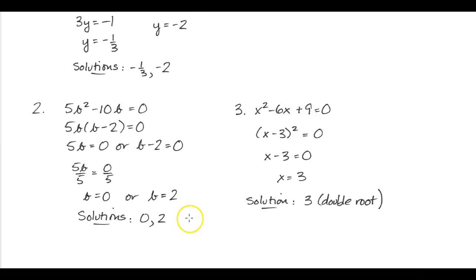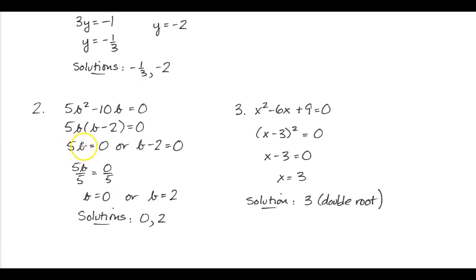In equation 2, this is in standard form. C is 0 in this case. So we can factor out a common factor of 5b. I have 5b times b minus 2 equal to 0. By the zero factor property, either 5b equals 0 or b minus 2 equals 0.